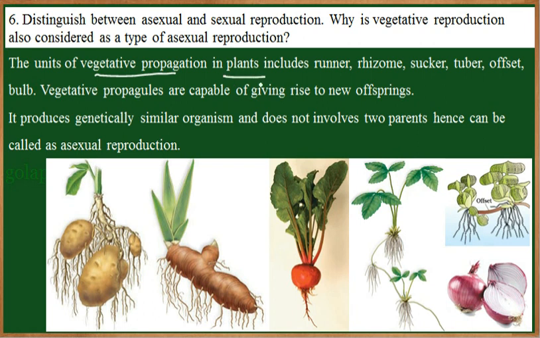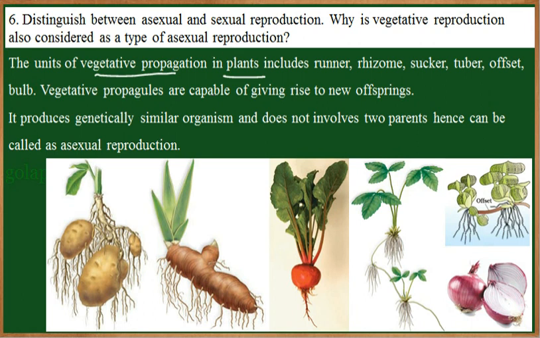In flowering plants, they can also reproduce from structures like stem, roots and leaves, which are somatic cells, and the offsprings obtained from these structures are genetically similar to the parent. That is why vegetative propagation is considered asexual reproduction. Like asexual reproduction, it is uniparental in nature. The offsprings are exactly similar.